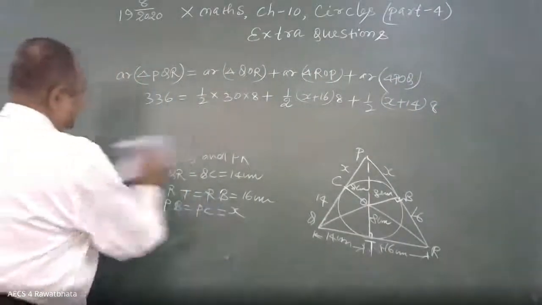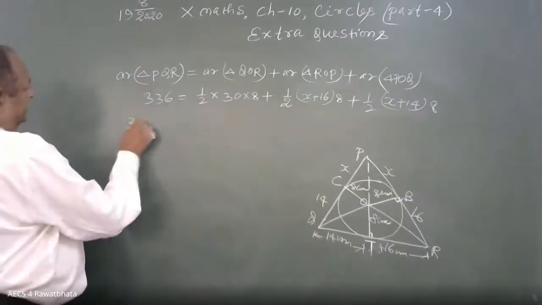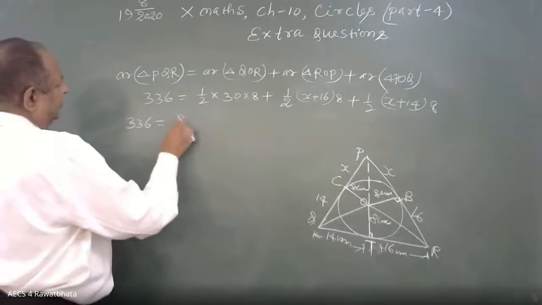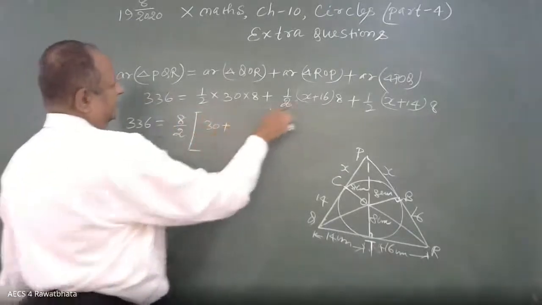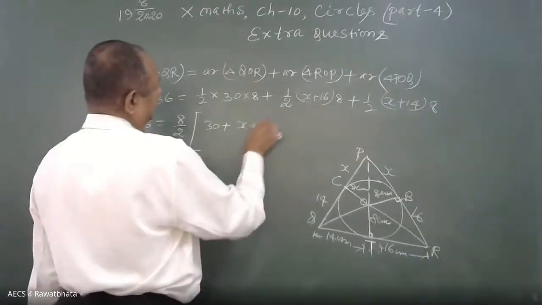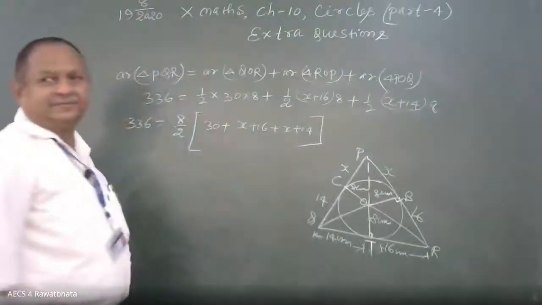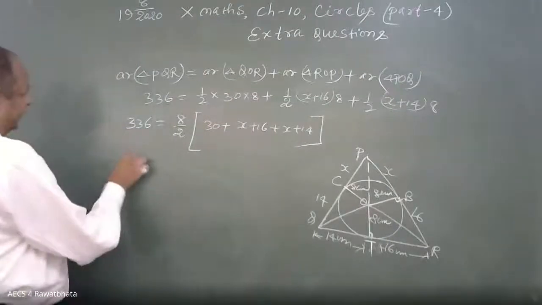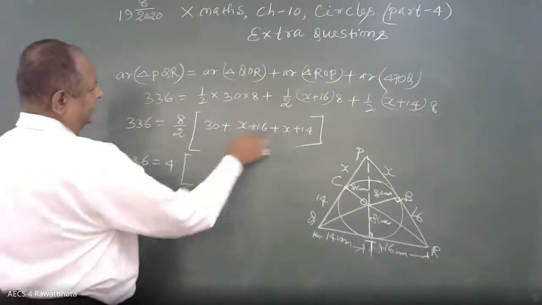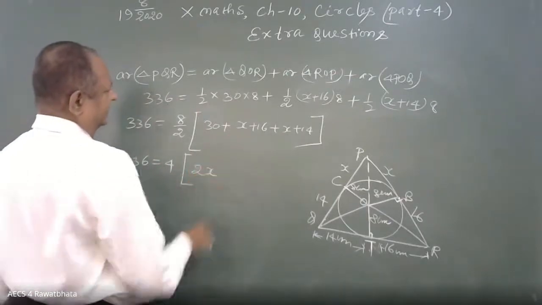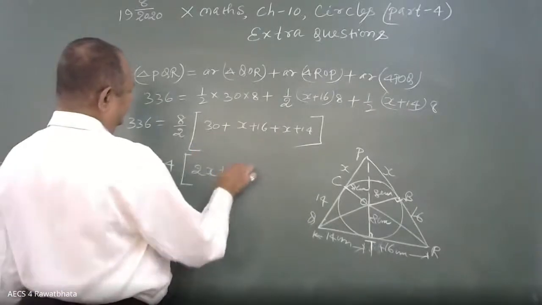This can be written as 336. 8 by 2 is common. So 30 plus x plus 16 plus x plus 14. Right? This can be written as 4 into x plus x, 2x, and 30 plus 30 is 60.